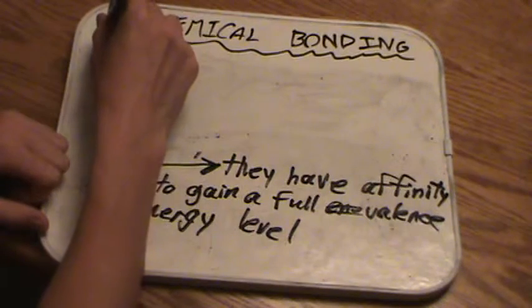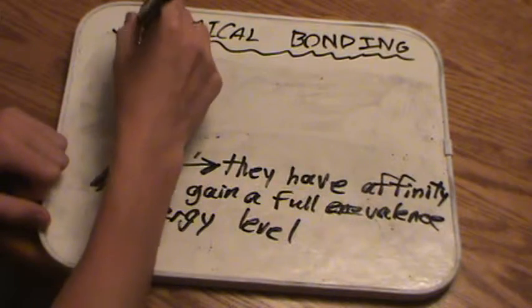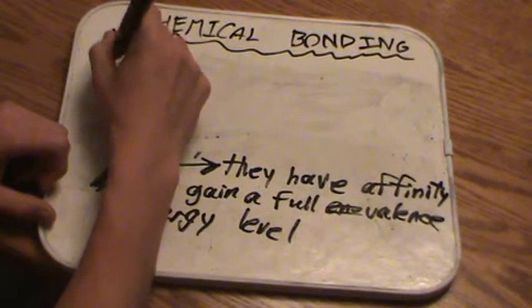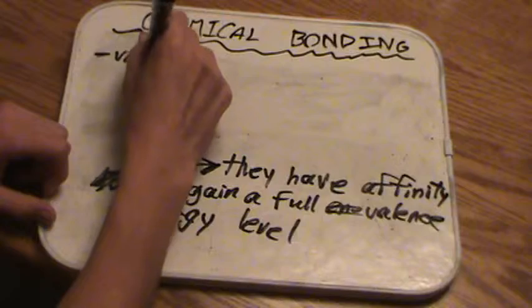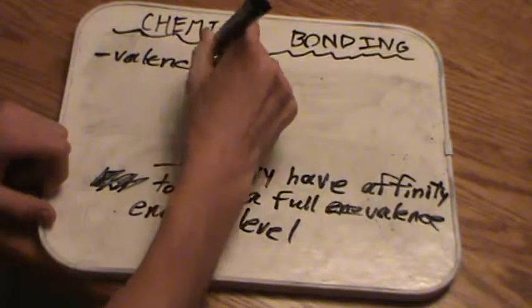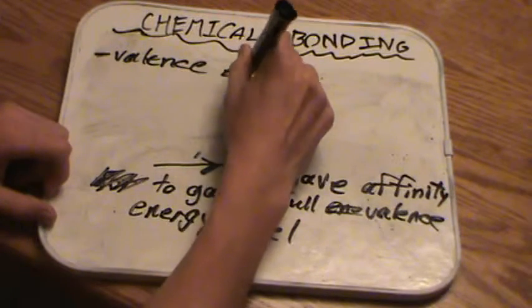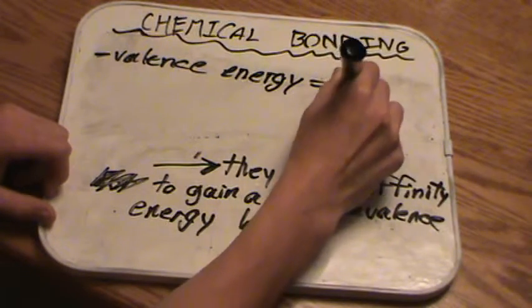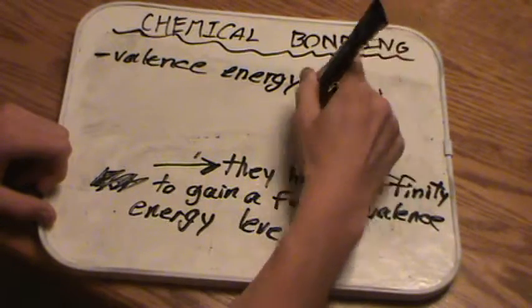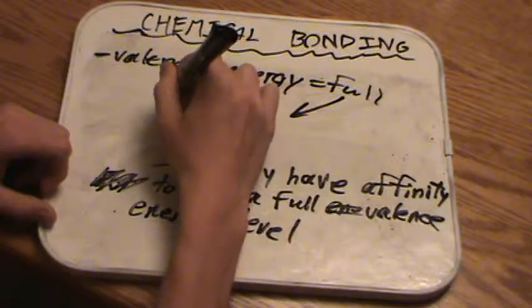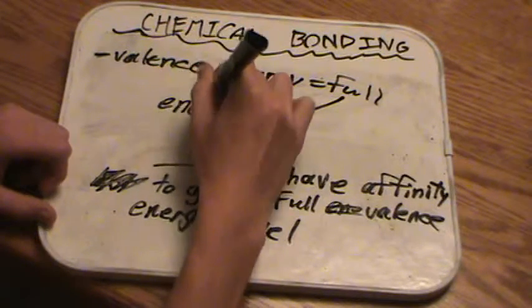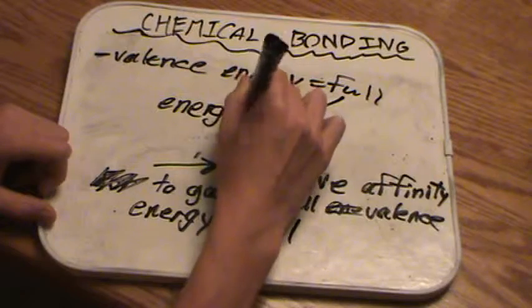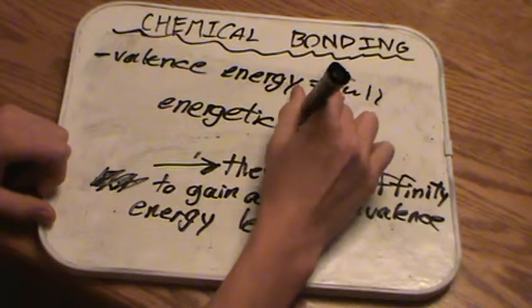So therefore, this represents an idea: when the valence energy level is full, valence energy equals full, this creates what we like to call in chemistry energetic stability.